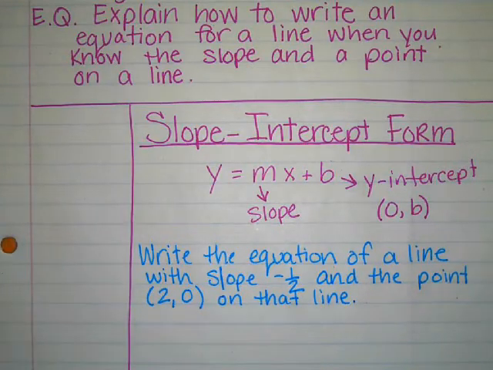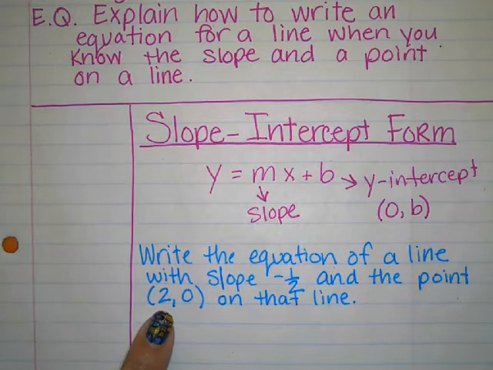So we have an equation with a slope of -1/2, and there is a point on that line where it touches at (2, 0).